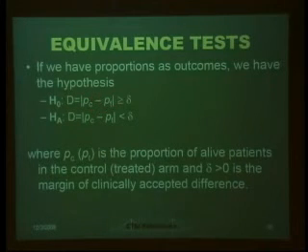And I don't really care about the sign, if it's better or worse. So that's why I'm taking the absolute value. My null hypothesis, the difference, no matter to which side, which one is better, is going to be greater or equal than delta. And here the difference is going to be smaller than delta. So here they are equivalent, here they are not equivalent. So those are my hypotheses.